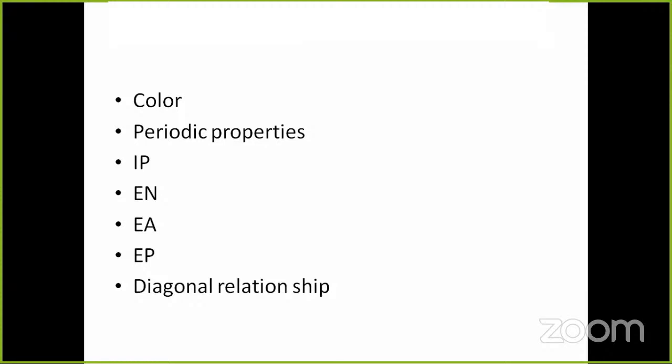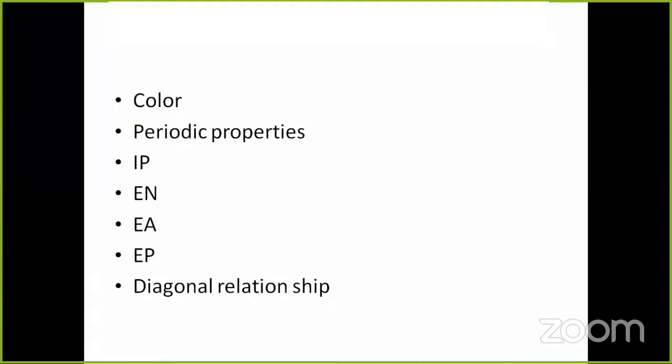And the periodic properties, already covered in the periodic table, are ionization potential, electronegativity, electron affinity, electropositivity, and the last one is diagonal relationship. So these 5 properties come under periodic properties. They are very, very important.